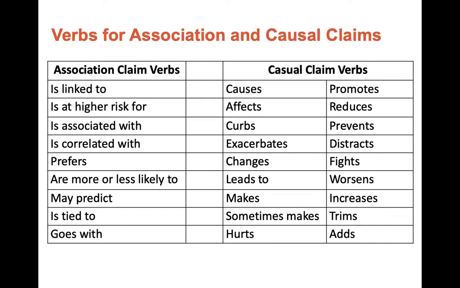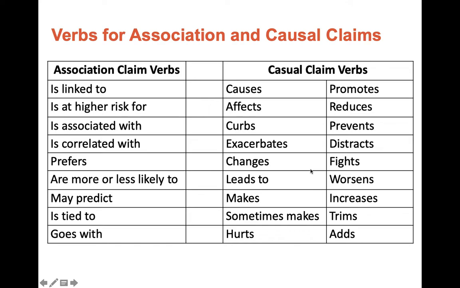The textbook presents these, and I think it's very important. Language use is very important. There's certain language and certain verbs that we use to represent an association claim, and then there's certain verbs that we use to represent a causal claim. You can notice the difference in the left-hand column with these on the right-hand side of this table.